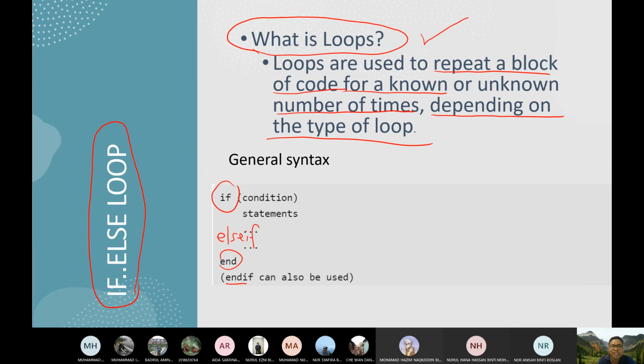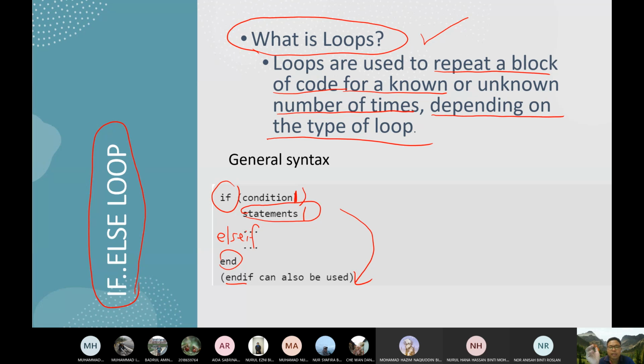Let's say you want to test a condition, let's say you have condition 1 here. If condition 1 is true, then statement number 1 will be executed, on the condition that it is true. So once it is executed, it will go out of the loop and the job will end.